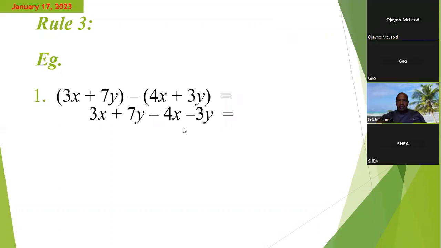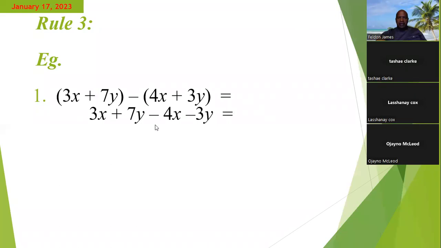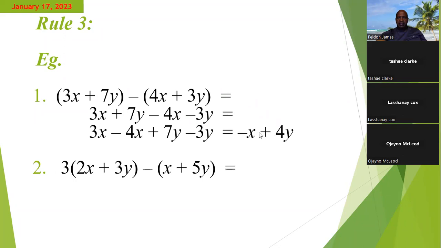All right. So now, once we simplify this, our result is going to be negative x plus 4y. But as I say, you can write it as negative x plus 4y, but to write it in the more conventional form, we write positive 4y minus x. All right, so here we have another one.